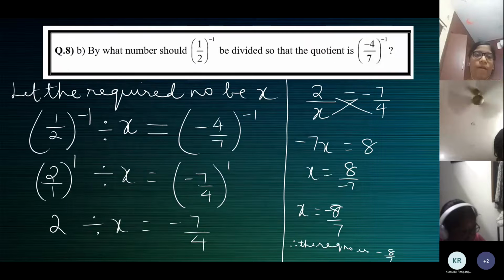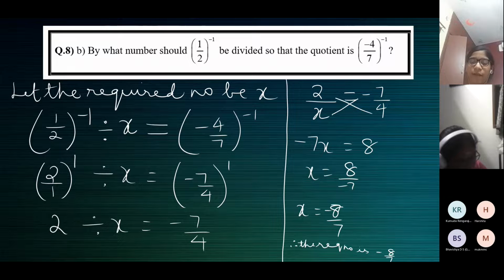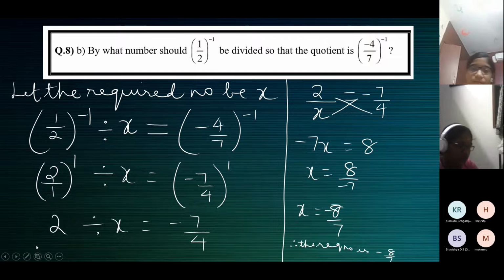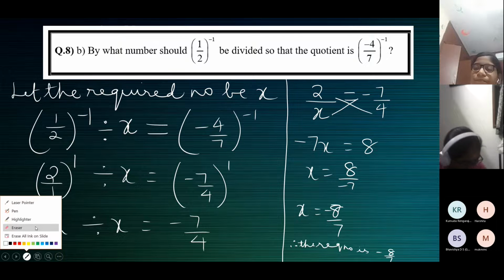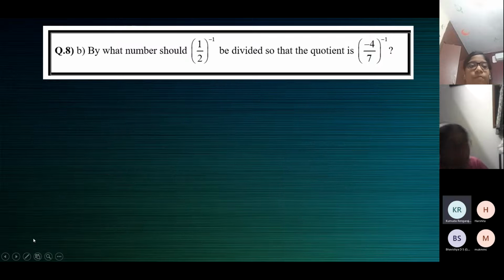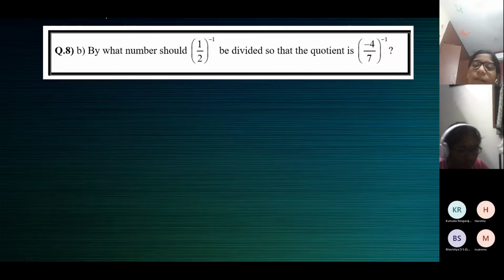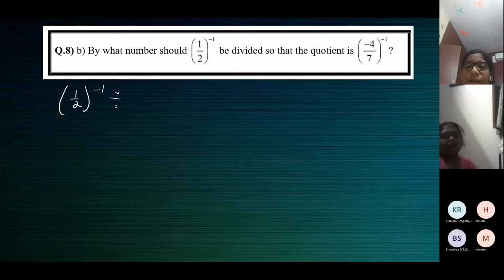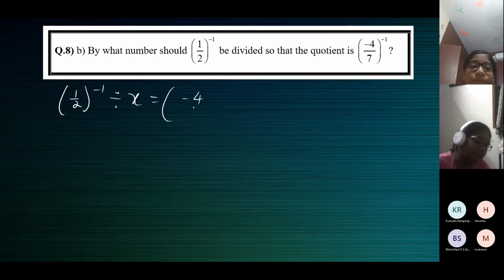Ma'am, I have also done it in another method, like you showed last sem. Let me write that. Yes, Swati, tell me. Ma'am, 1 by 2 raised to the power minus 1 divided by x equals minus 4 by 7 raised to the power minus 1.